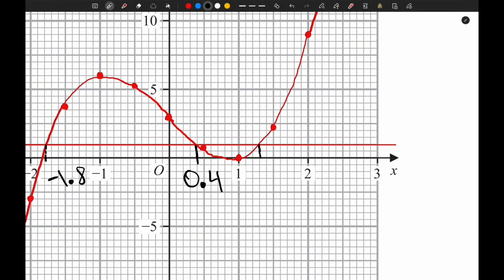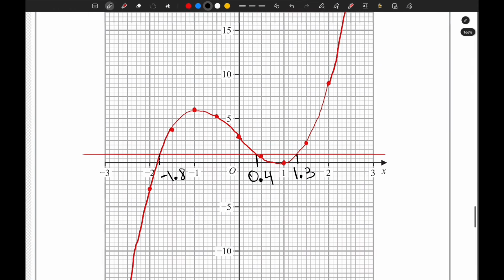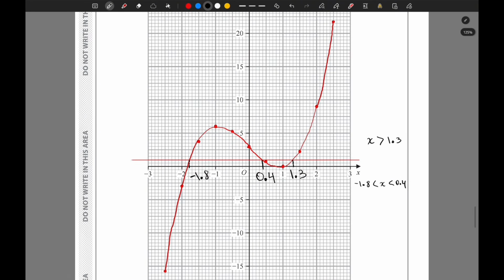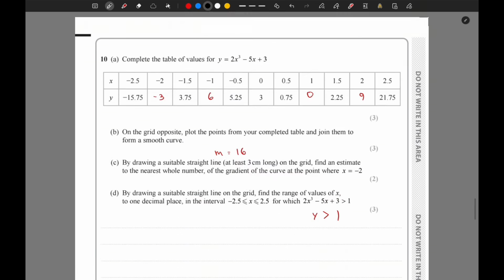And at this point, the value of x is 1.3. So in order to represent this region, you can say that x is greater than 1.3. And in order to represent this region, you can say that x is greater than negative 1.8, but less than 0.4. So that is the answer for this question.